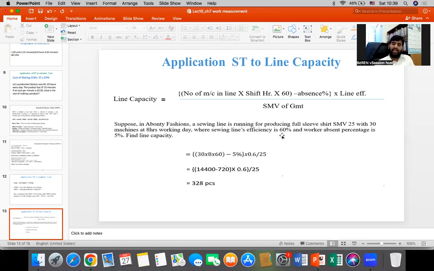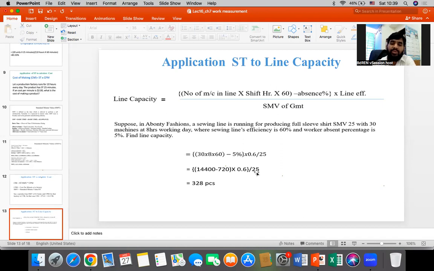Usually in our country, the average production efficiency is 60%, 70%, but in China it is above 90%. And worker absence is 5%. What is the line capacity? How many pieces can a production line produce? And you know that to produce 1 unit takes 25 minutes.